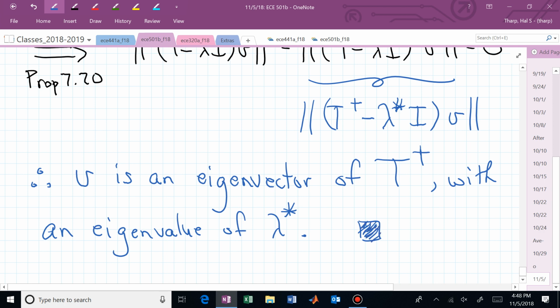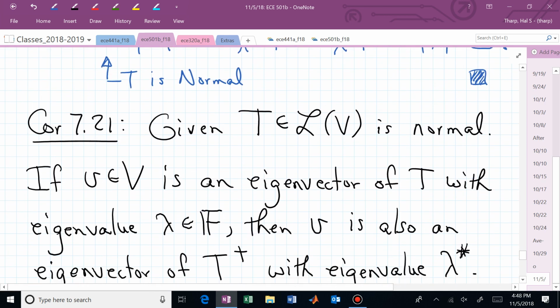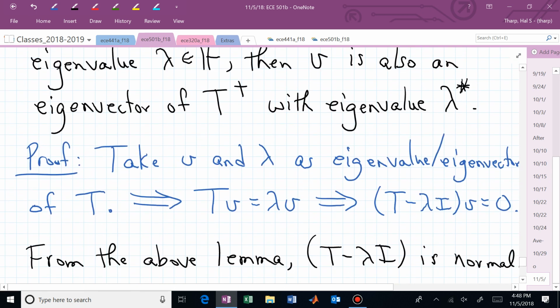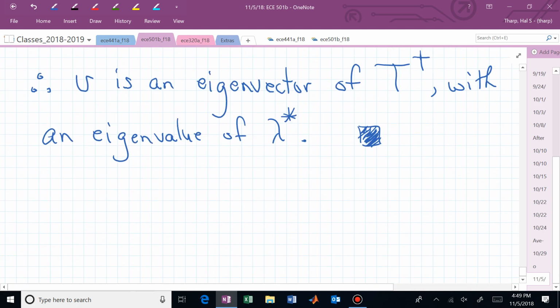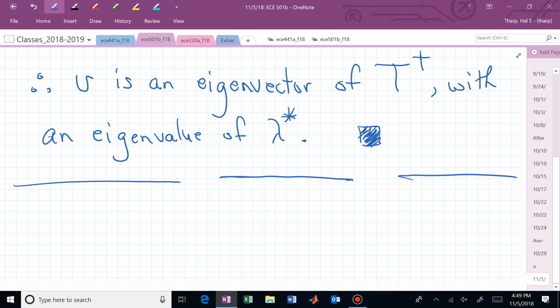So now if somebody tells you that they have an eigenvalue eigenvector pair of an operator T, and if T is what? If it's normal, now you know what its eigenvalues and eigenvectors are equal to. And that requires that T is normal. And being normal says that T and its adjoint commute.